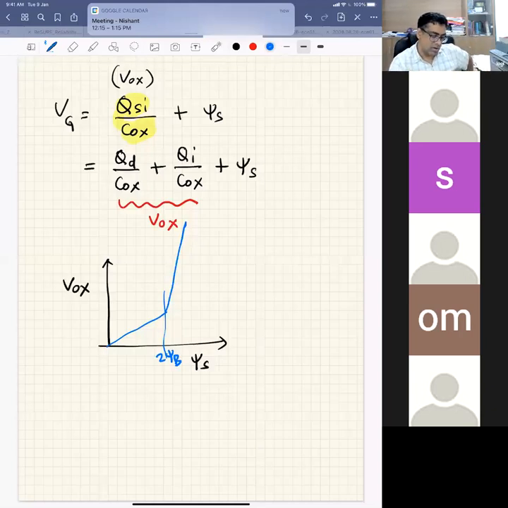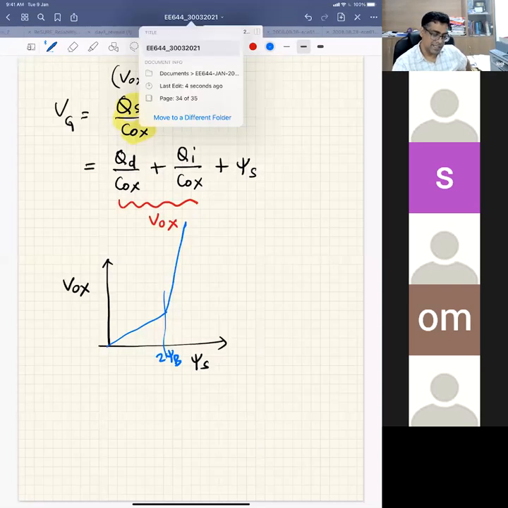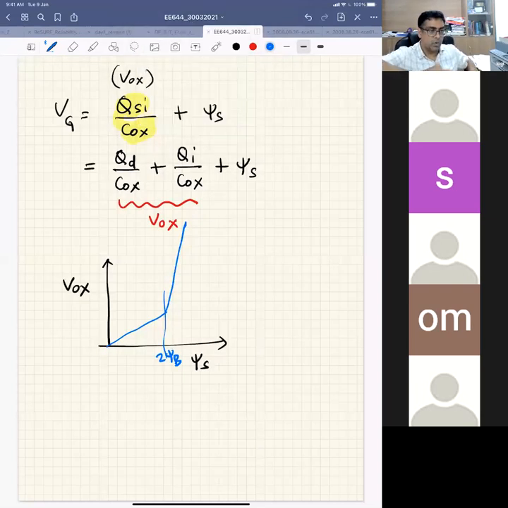So after inversion, your voltage drop increases drastically.